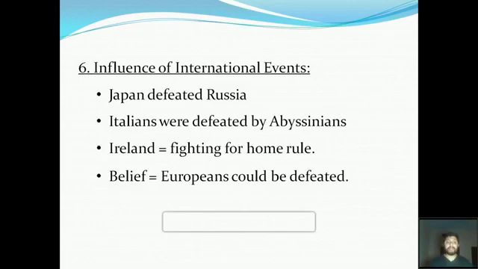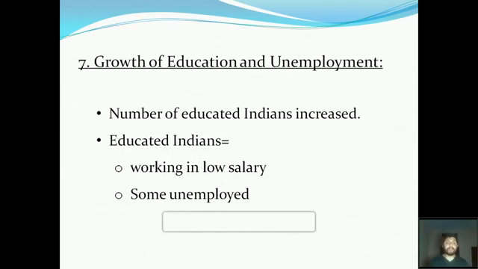Now we are coming to the seventh point, and the seventh point is growth of education and unemployment. During the formation of early nationalism and assertive nationalism, a huge number of people got education.